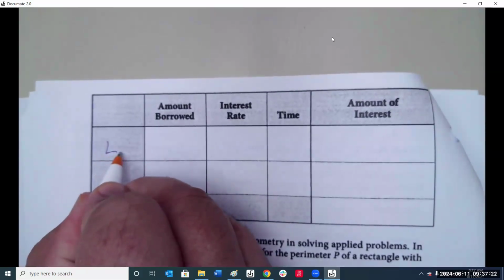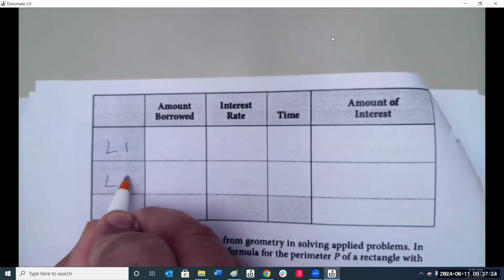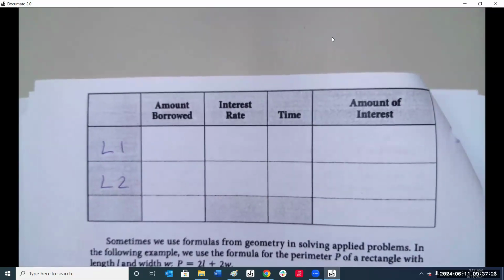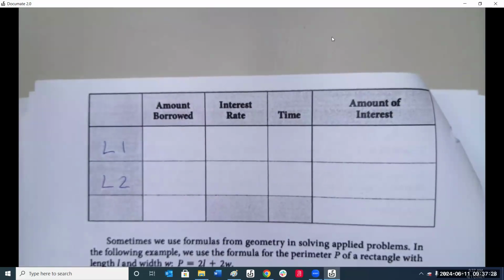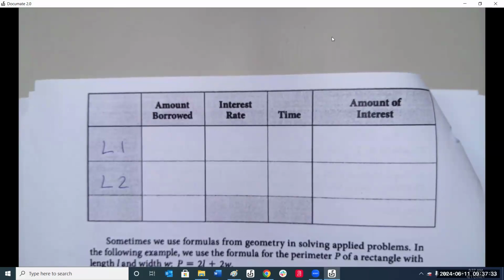So here we have loan 1, loan 2. Do we know how much you borrowed?